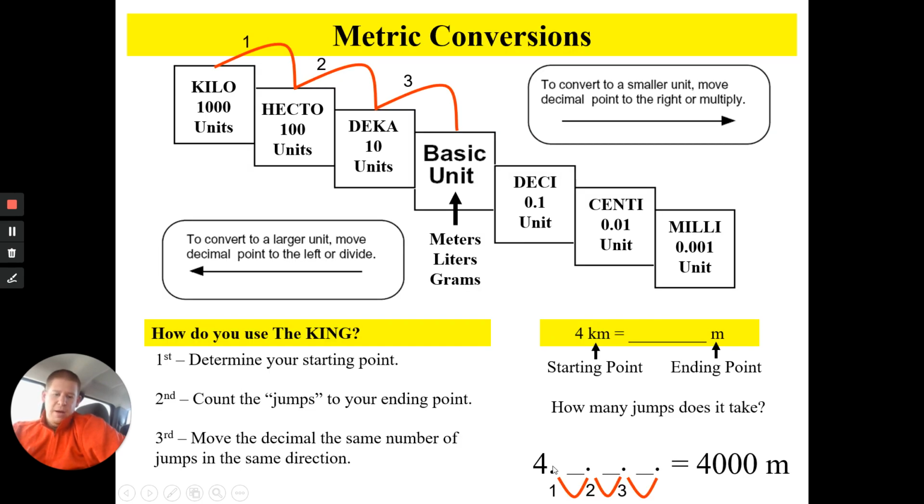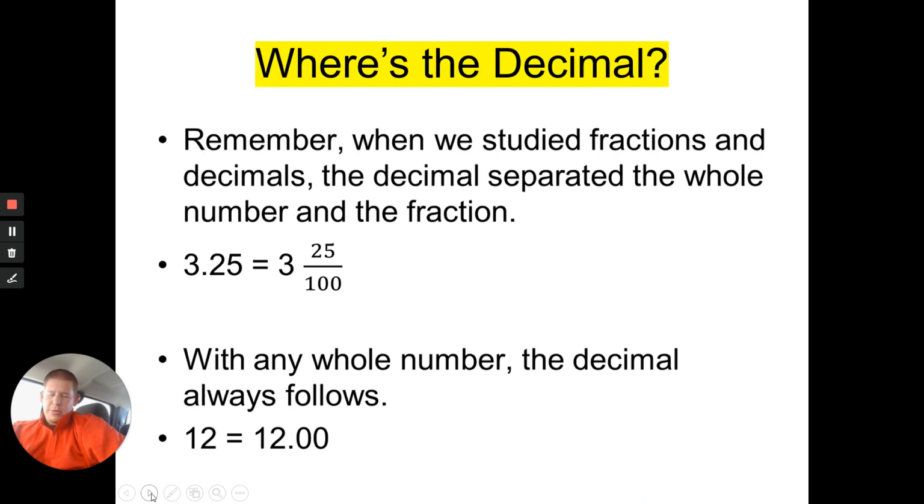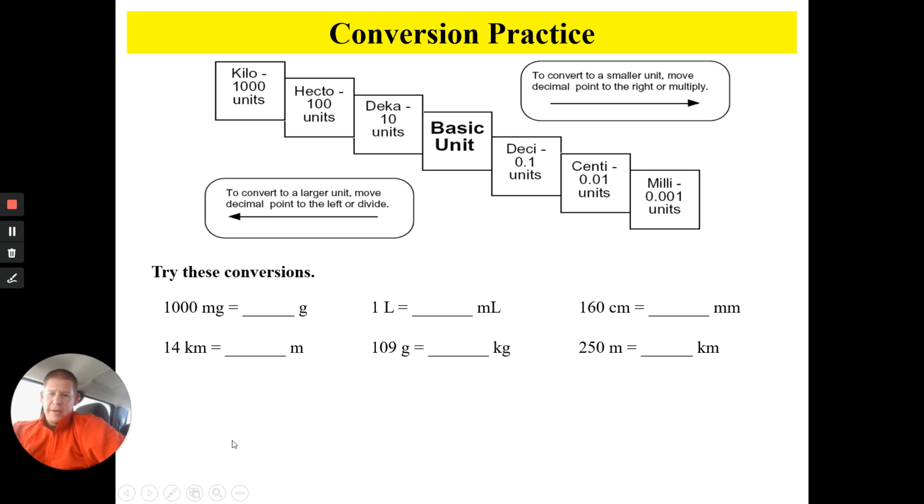So if we go here, 4 was what we started with. Even if I had those 3 zeros, it would still equal 4. But as soon as I move that decimal 3 jumps, the 4 becomes 4,000, as we get from kilo to meters. So it's just a great idea to remember where we place the decimal.